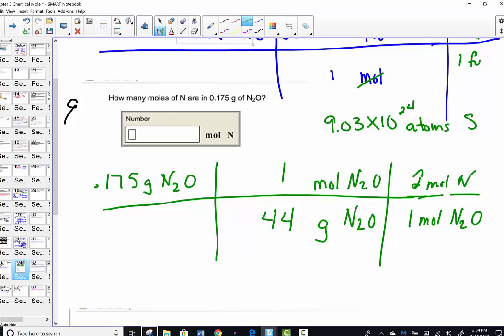I'll divide to head in to make that a mole unit, and then notice that there's twice as many atoms of nitrogen per mole of compound. So when I solve for this, 0.175, I'll divide by the molar mass of 44, and then multiply by 2 the number of nitrogen atoms. And when I solved, kind of tiny, 0.00795, but I'll look up.